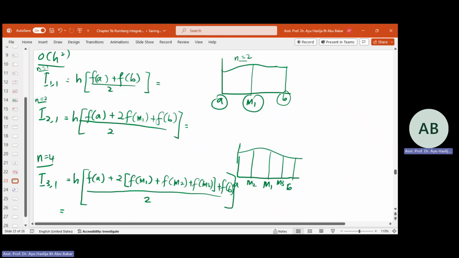I11 over here. What is the H? B minus A equals to 0.9. Okay. H here is B minus A. Divide by n. But n equals to 1. Okay. So what you get for I11? 8 point.